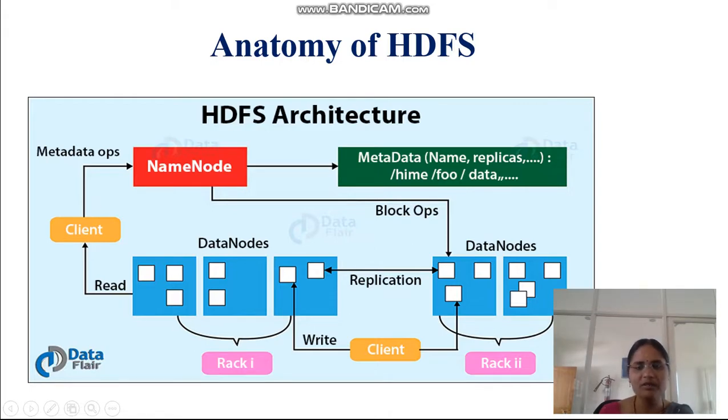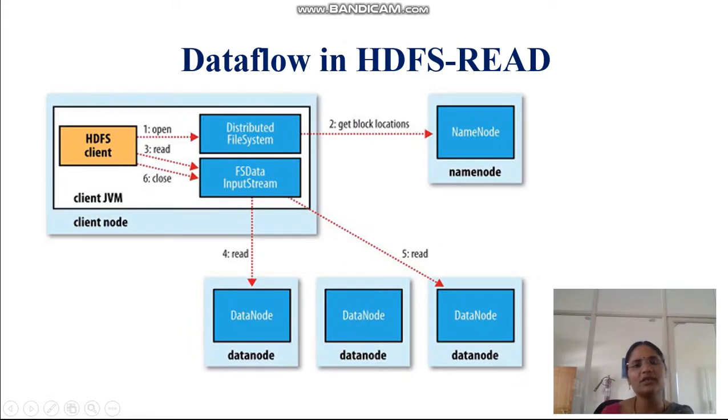So the name node, metadata, group of racks, data nodes and replications, and read and write client operations have been given to you in this architecture. Let us see how data flow happens in HDFS, for read operation and write operation, and how they are done in this architecture.